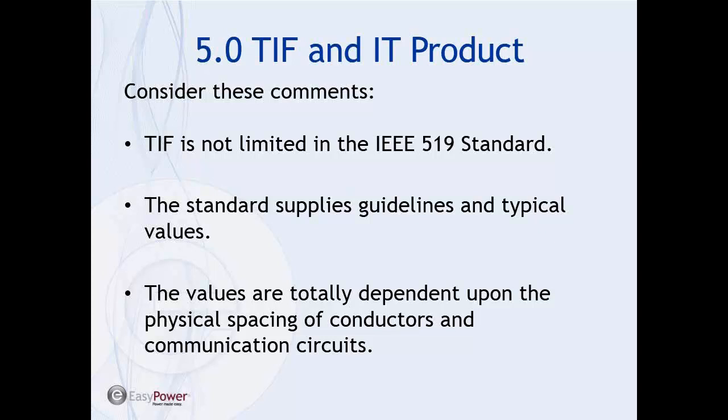When I use these, and I've used these in the past, I had a client one time that had a severe communication loss. Basically, I built a model, then calculated what the IT product and the TIF were on the system with that bad condition happening. Then I said, well, I at least want to cut that in half, or maybe by a factor of 3 or 4, to reduce the problem.